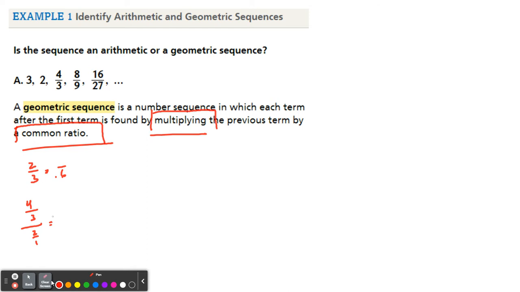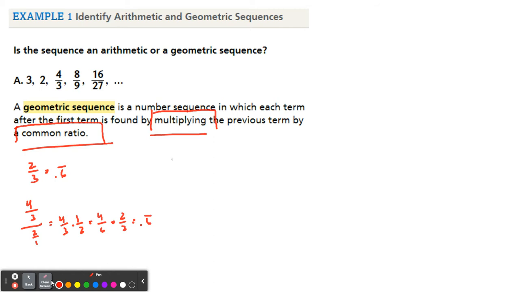Instead of dividing by 2 over 1, we multiply by the reciprocal. So this is 4/3 times 1/2. Multiply across the tops and the bottoms. That's 4/6, which simplifies to 2/3, which is also 0.6 repeated. So we have a common ratio so far.